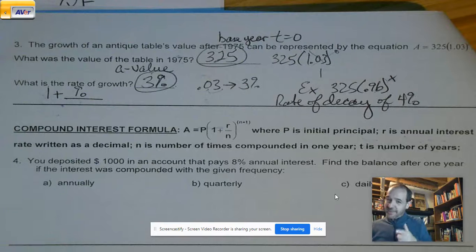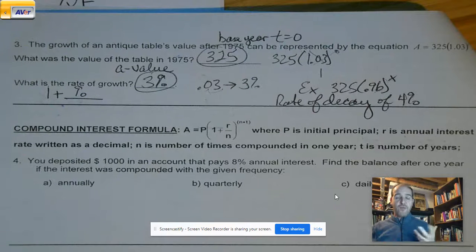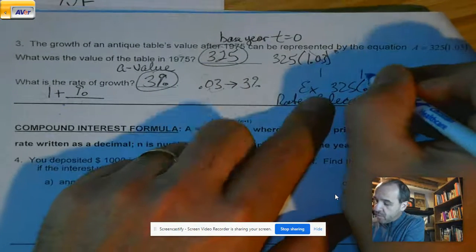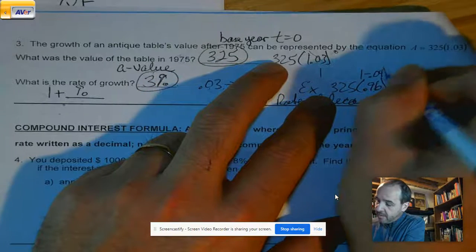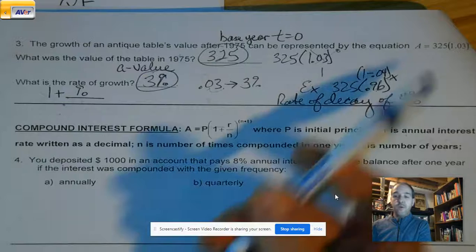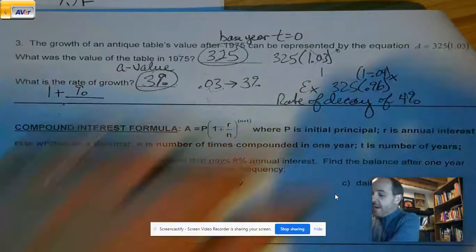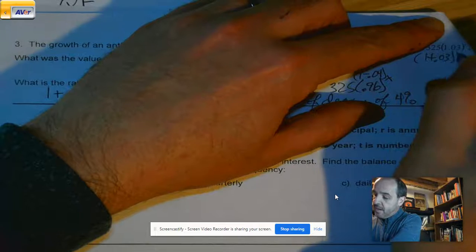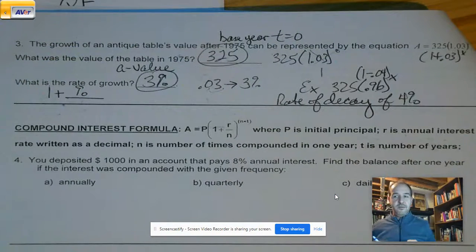This is why we put all this stuff down on paper here. So then when we go back later and are doing something, we don't go, I don't know what he's talking about. Now you do, because this also may be written as 1 minus 0.04 is another way I could write this. Or that 1.03, okay, that could be written as 1 plus 0.03 to the x.